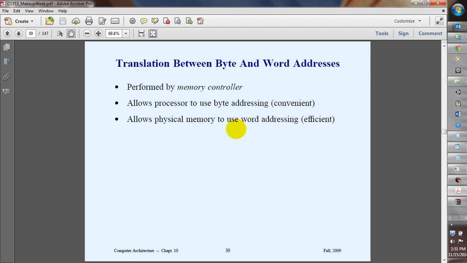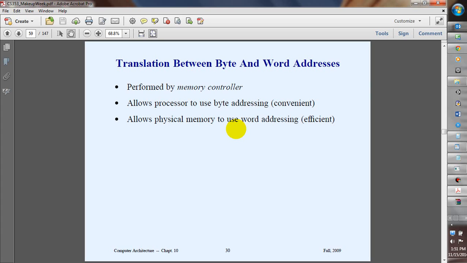Then we do a basic translation between the byte and the word address, and that is what's performed by the memory controller. So we can use byte addressing, but the physical memory can use word addressing. Underneath, word addressing is used because that's more efficient on the physical side.